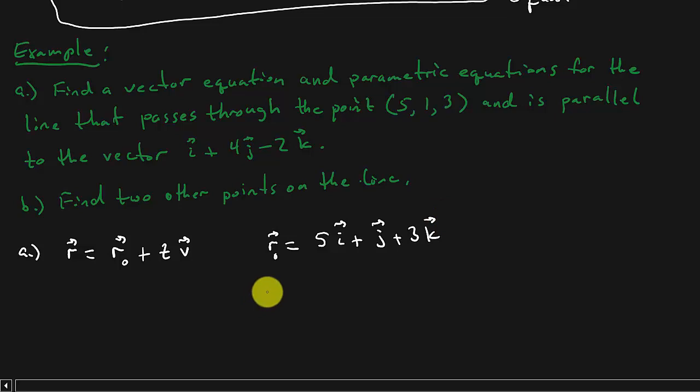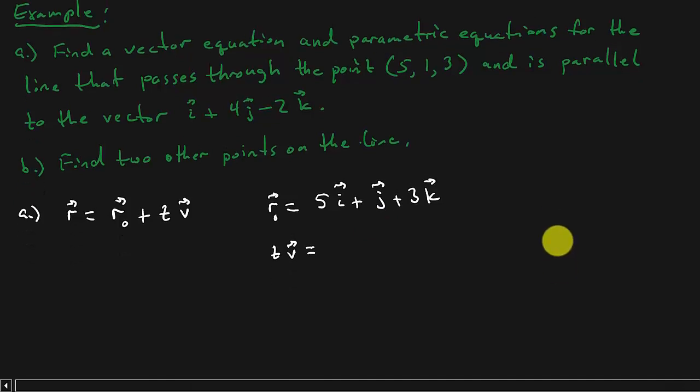Okay, so what is t times vector v? And I understand you may not want to show all this work, and I guess that would be fine. I'm just writing it down so you can see it in the video. So I need t times vector v. Well, where's vector v? Remember, vector v is the vector parallel to the line. So this right here is vector v, and I've got to do t times that. Okay?